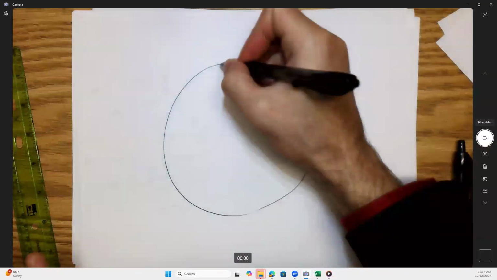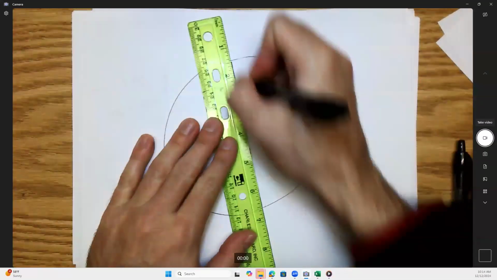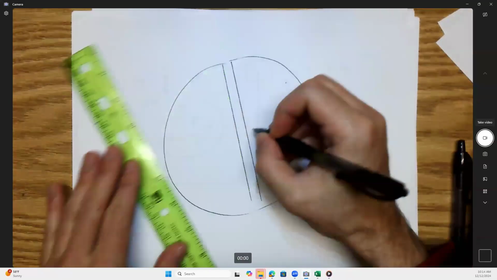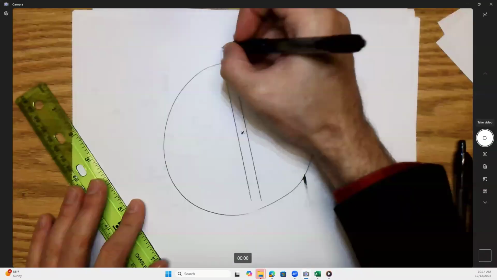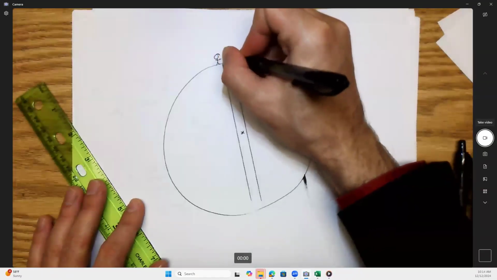Got a planet. It's got a hole drilled all the way through the center. You're at the surface right here. You reach out, you drop a rock.